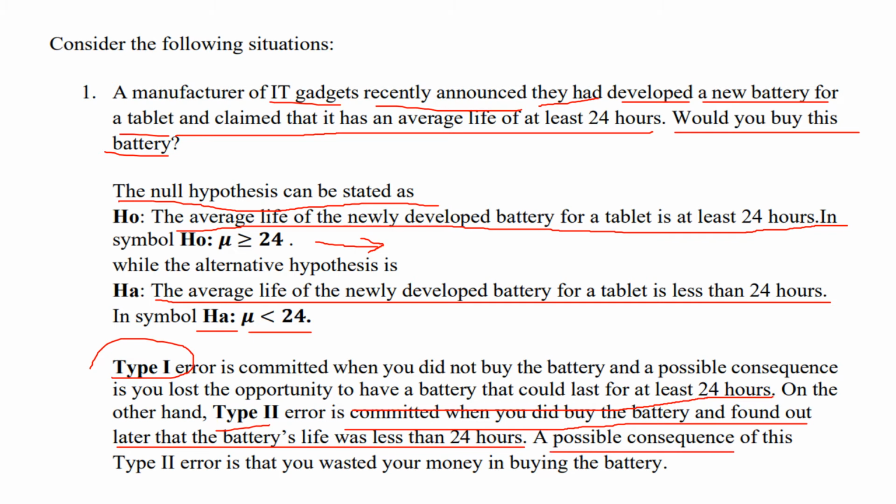So a possible consequence of this type 2 error is that you wasted your money in buying the battery. Because at the end, we found out that the battery's life was less than 24 hours. Then the possible consequence for that is you wasted your money in buying the battery.